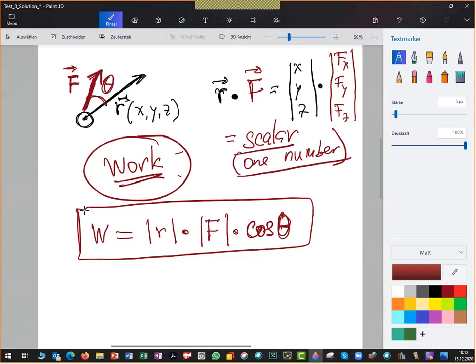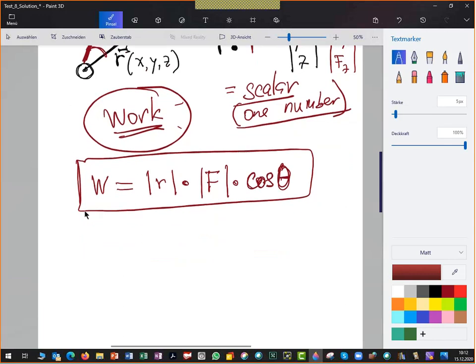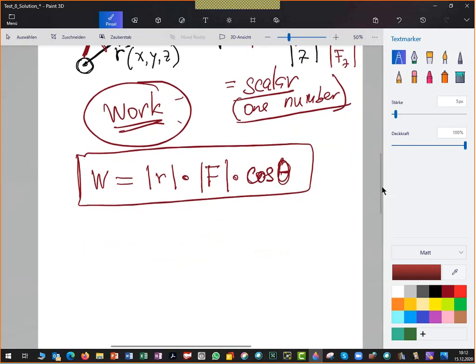So what we've done now, we've defined work as scalar product, and we have this useful formula that we're going to apply later in the problem solving. The formula is quite easy, and I think you have no difficulties in applying it in the case of scalar and vector situations. In fact, what follows from this formula are two important consequences.